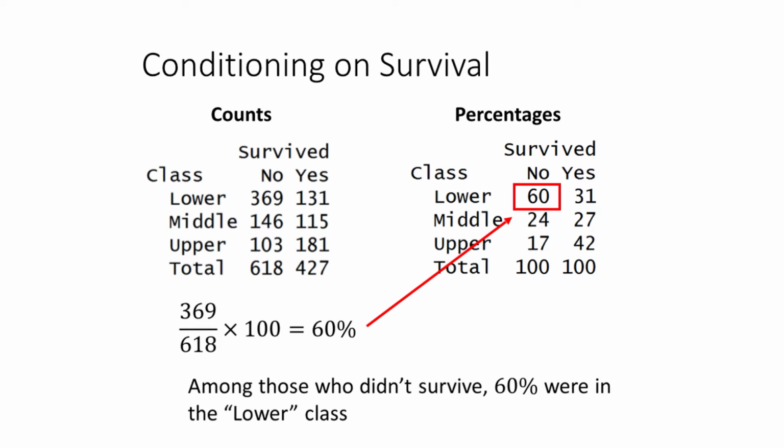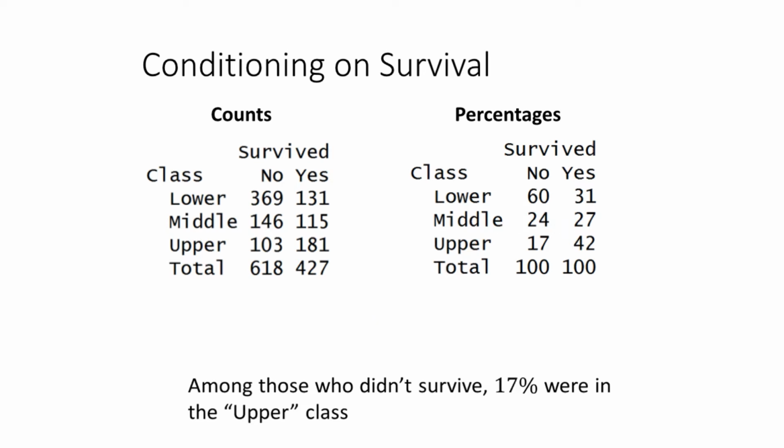And this percentage tells us that among those who didn't survive, 60% were in the lower class. In a similar way, 24% were in the middle class among those who didn't survive. We're just taking the cell count for a particular cell and dividing by the total number of people who didn't survive. To give another example, among those who didn't survive, 17% were in the upper class.